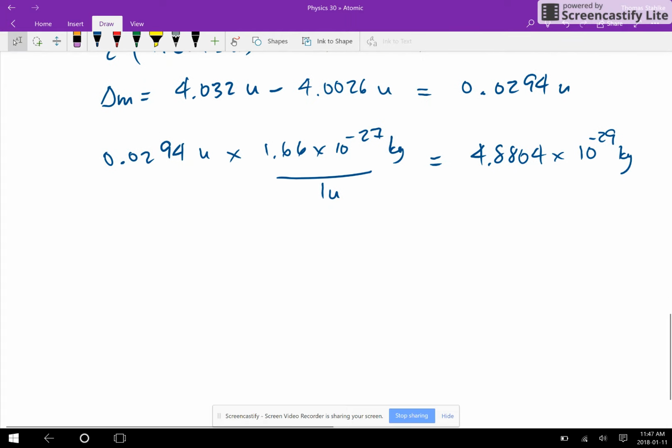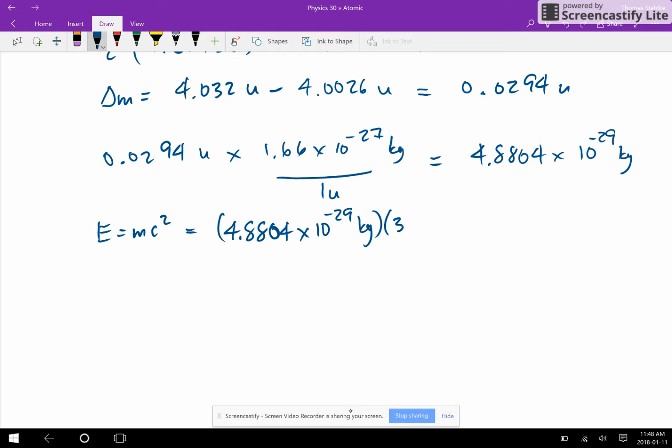Once we have our mass in kilograms, let's calculate joules by multiplying by the speed of light, all squared. So this energy is 4.39236 times 10 to the negative 12 joules.